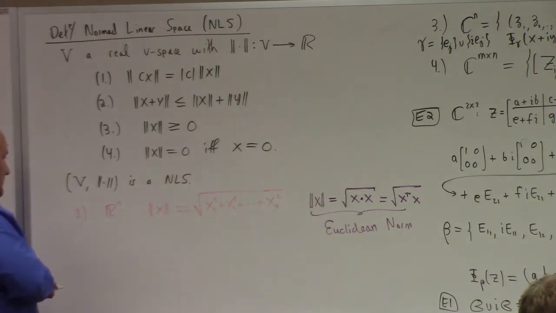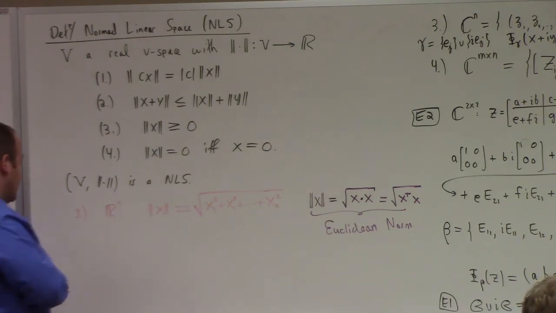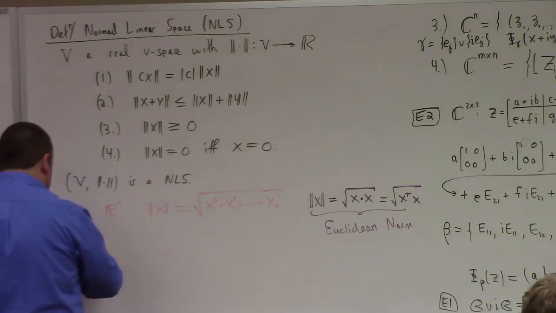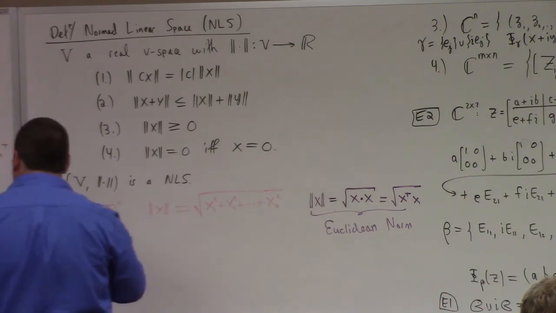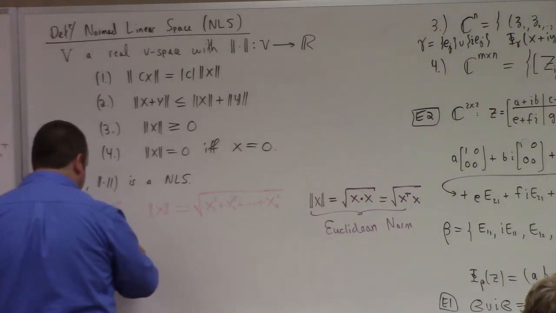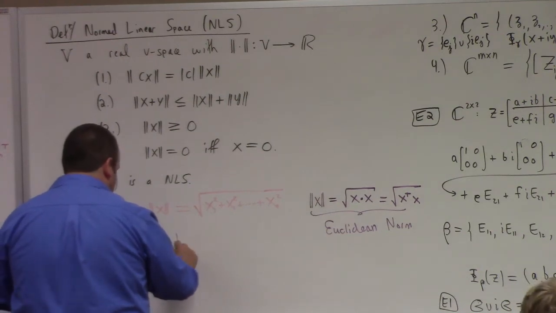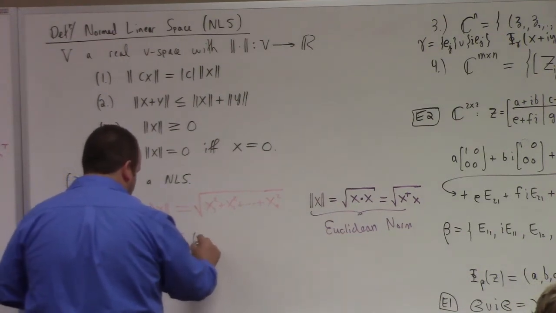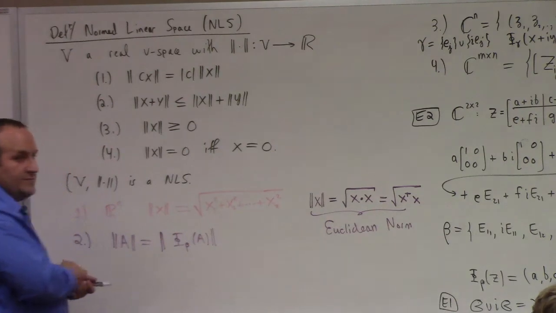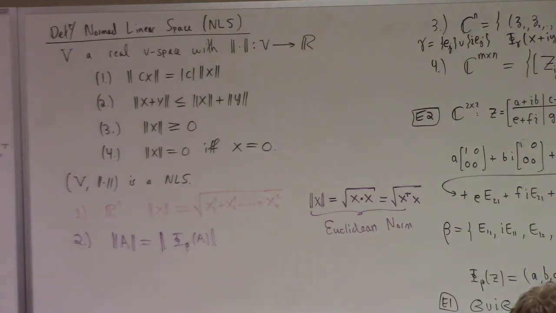Now, before I get to the weird examples, pretty much what we can do is the norm of A is nothing more than the norm of the coordinate vector of A. That's an easy way to get the norm of a matrix. We just take the norm of the corresponding coordinate vector.